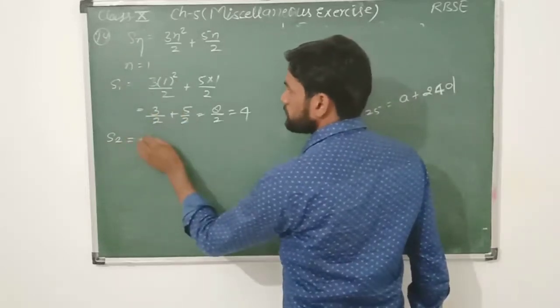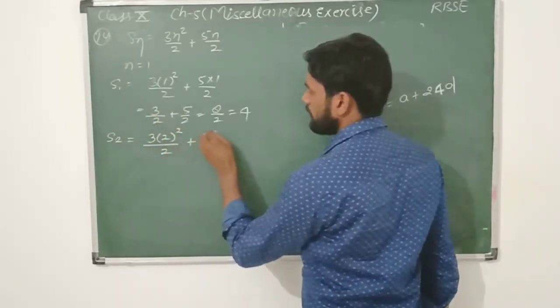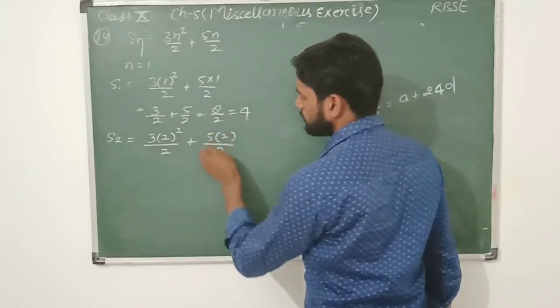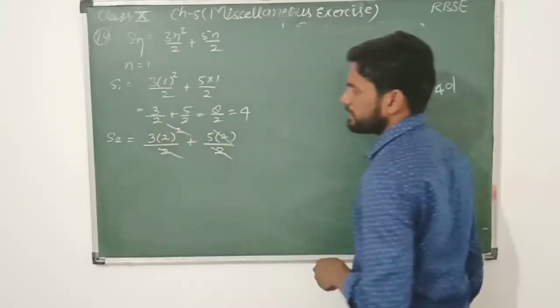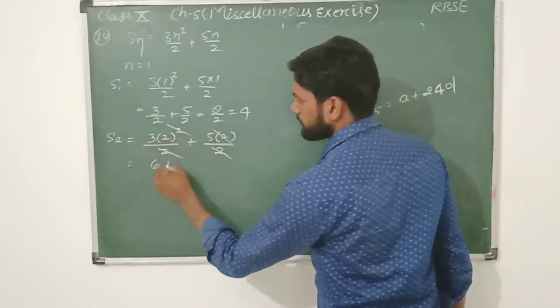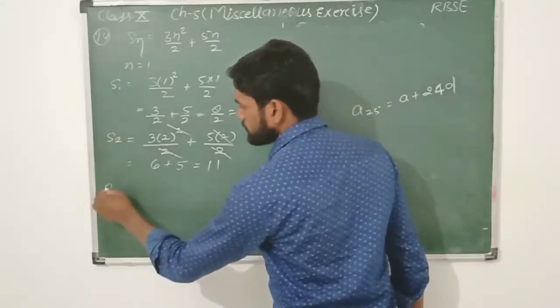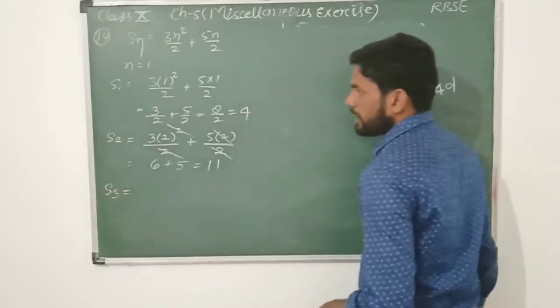is equal to, with n equal to 2, 3 into 2 square upon 2 plus 5 into 2 upon 2. The 2 cancels by 2, and similarly here, 3 into 2 is 6 plus 5, which is equal to 11. It is the value of S2.